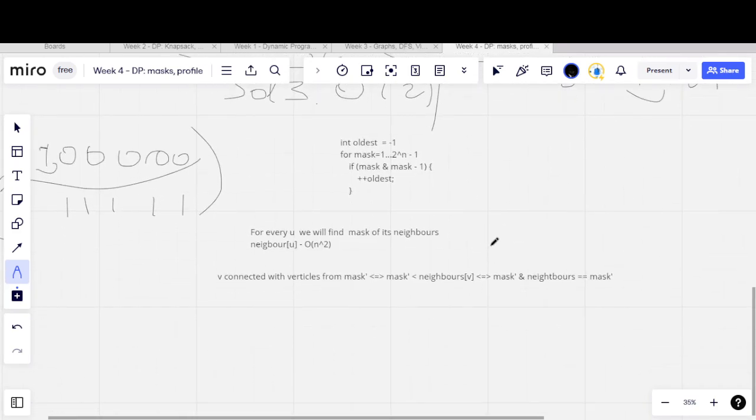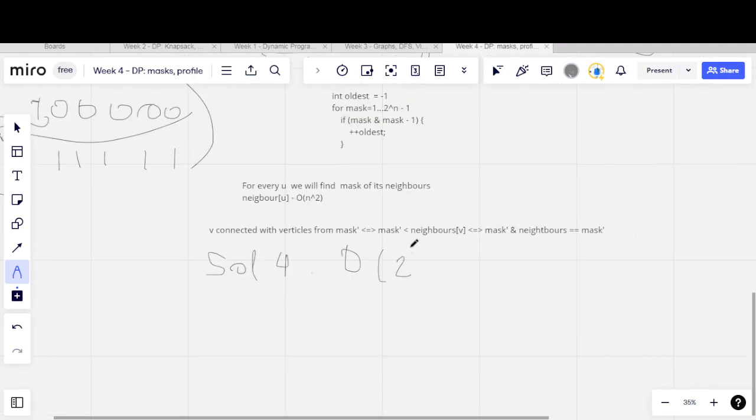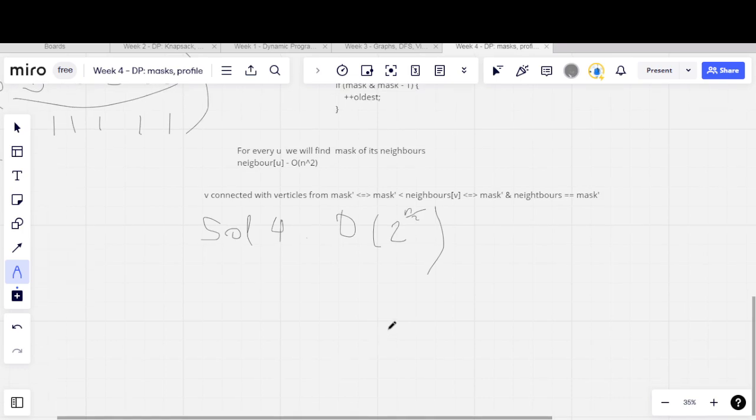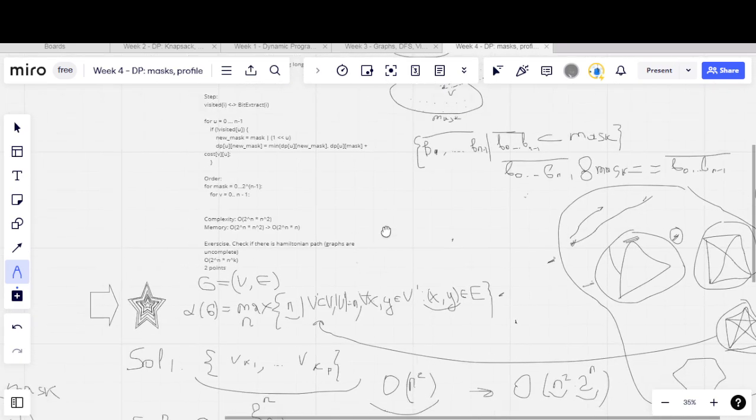Okay, then solution 4. O(2^(n/2)). How to do it? We consider the meet in the middle idea.